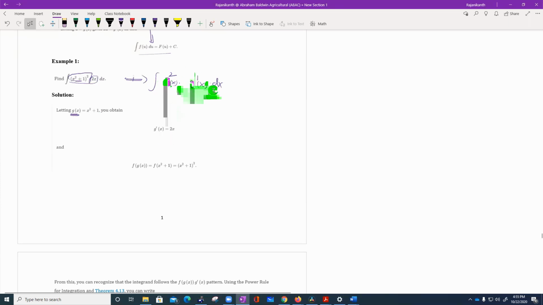If you always see this pattern, you could rewrite this by using g of x as some other variable, say u. So simply substitute g of x as another variable u, and write down u squared du, that's it.